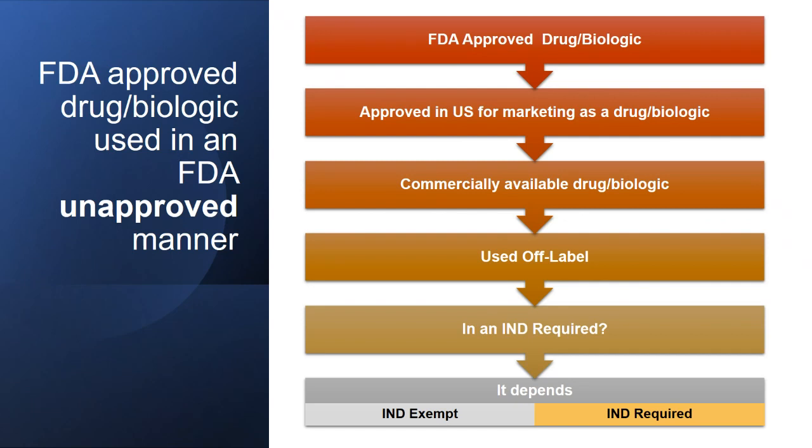And for that, do the IND requirements apply? Yes, and it also depends on what kind of IND requirement, like IND exemption or whether we do require an IND. So who will decide that? Can you go to the next slide, please?